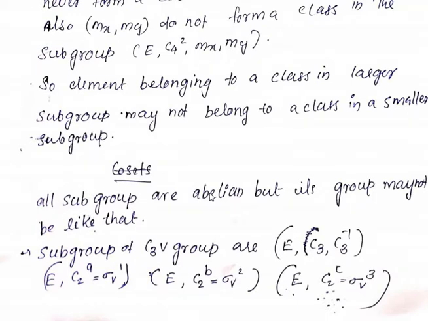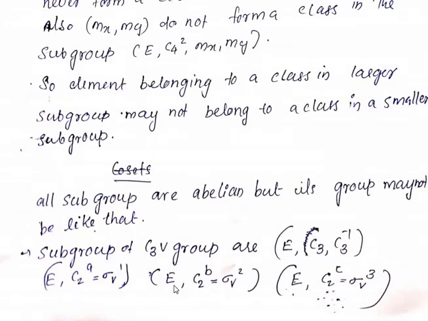All subgroups here are abelian. Abelian means they can commute. But the group may not be like that. For example, the subgroup of the C3V group is E, C3, C3 inverse. They will commute with each other, and each element itself forms a class.